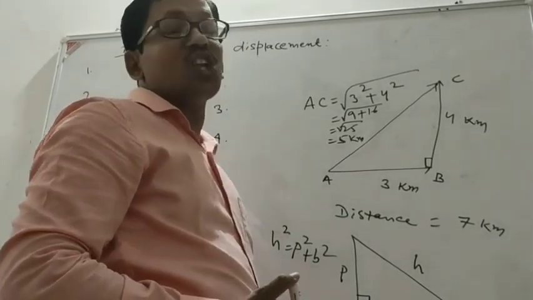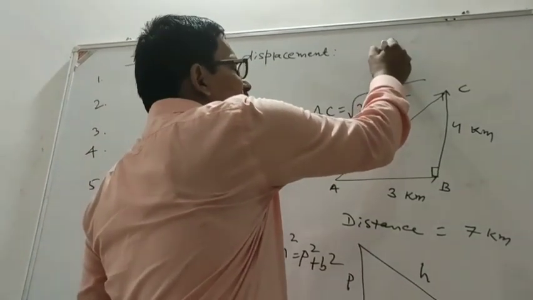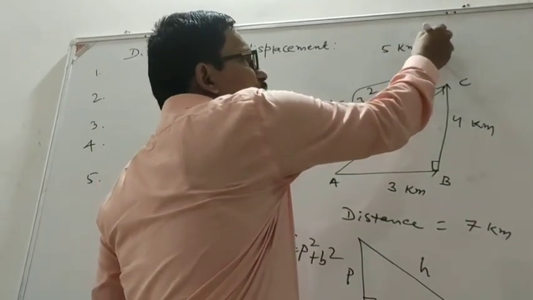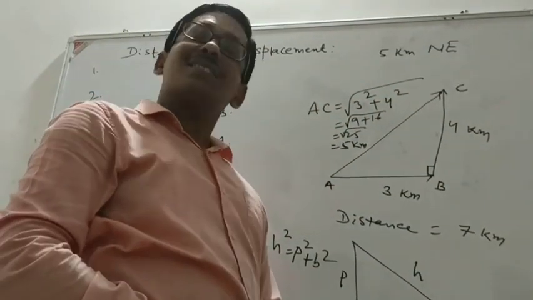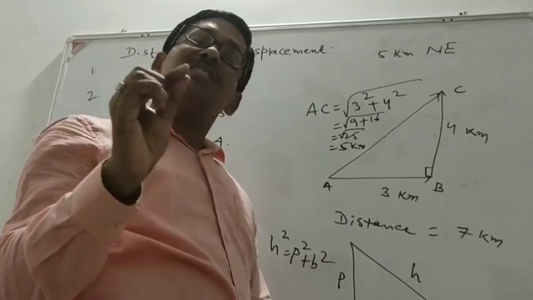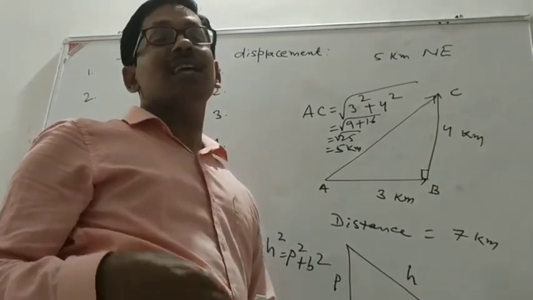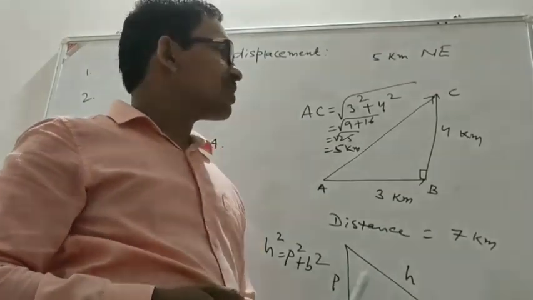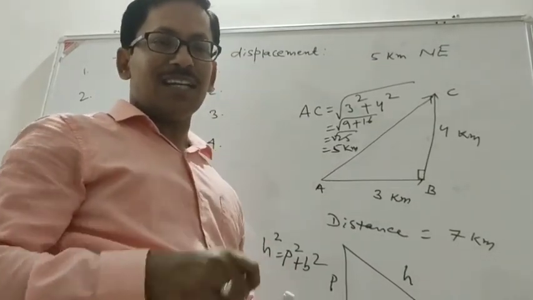It is north of east. I can write the displacement is 5 km NE, north of east. Because displacement is a vector quantity, so we have to give the direction also. This is one of the numericals I have solved. Let us solve another numerical.